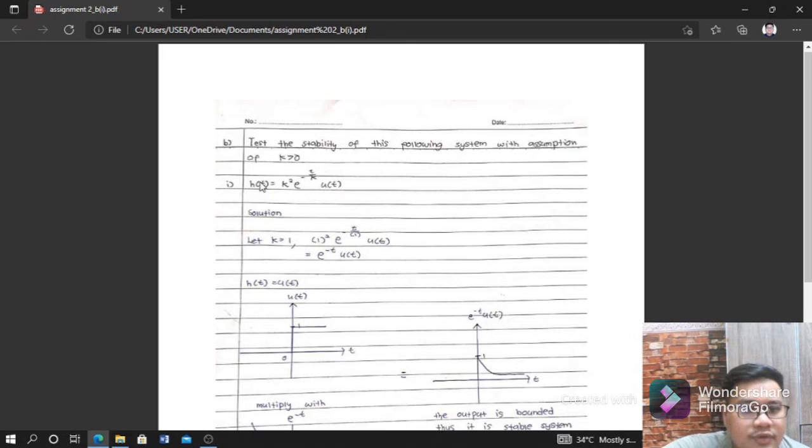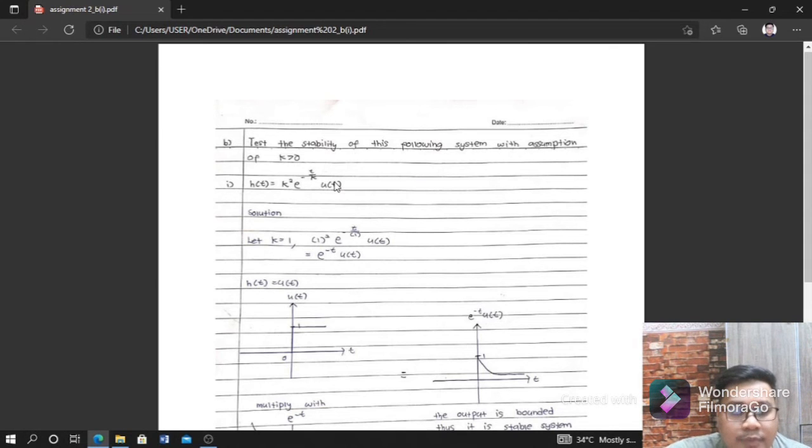This is the equation for this question. The information we need to know is that, in order to determine whether the system is stable or not, we have to find the output first. We can find the output in terms of a graph.